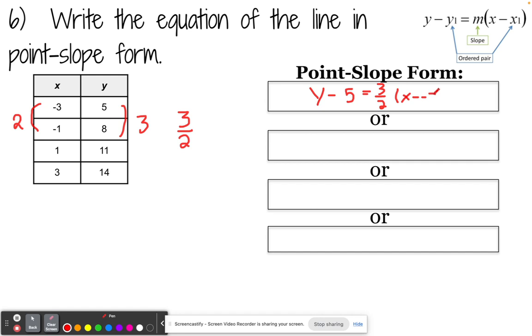I'll write it this time, which becomes x plus 3. My next one, y minus 8 equals 3/2 x minus negative 1, which is the same as x plus 1.